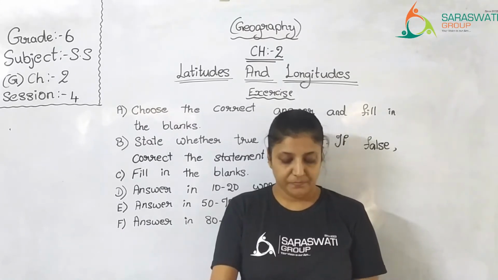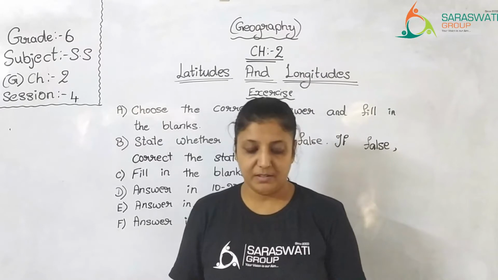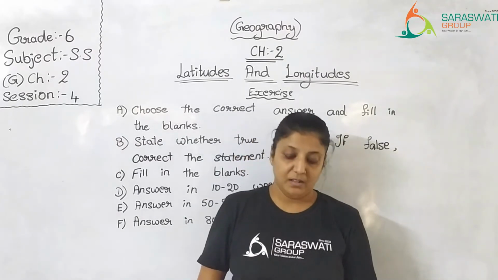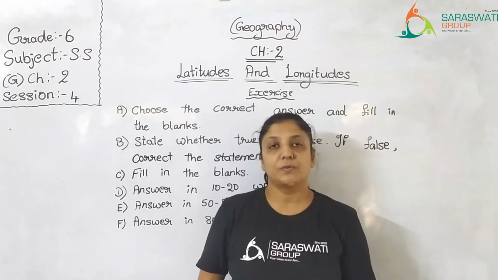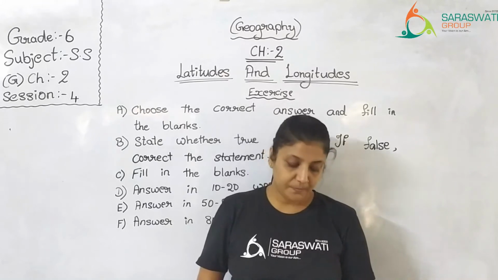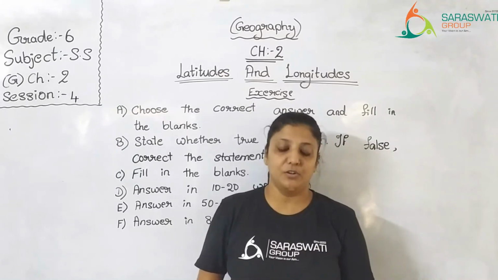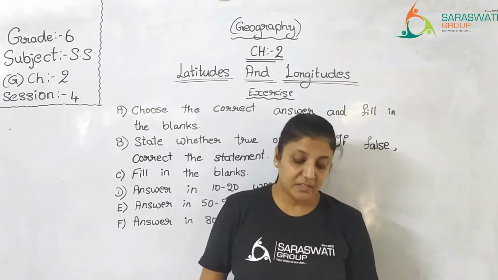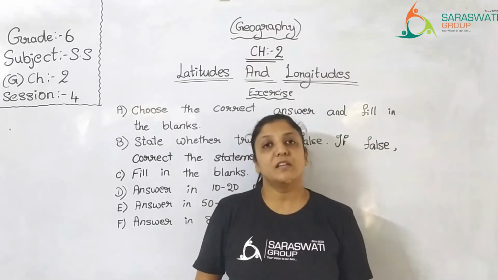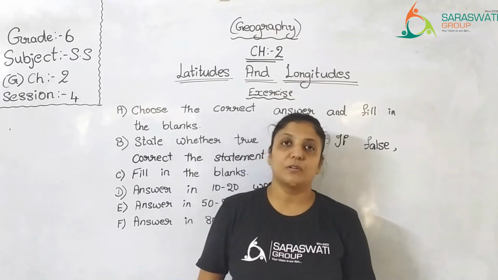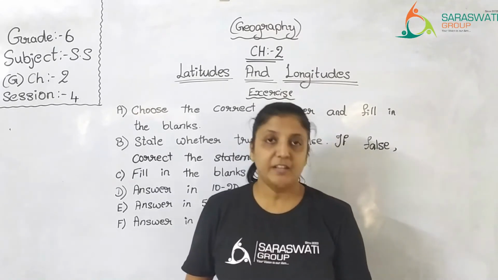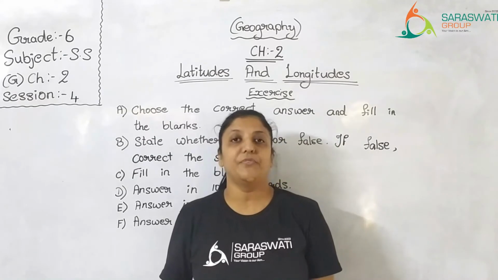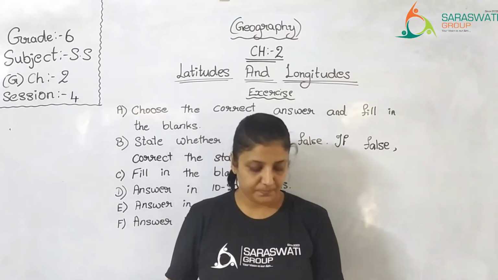Next, number 3. The Tropic of Cancer is located at latitude dash. Options are 23.5 degree north, 23.5 degree south, 66.5 degree north, 66.5 degree south. The right answer is option A, 23.5 degree north.